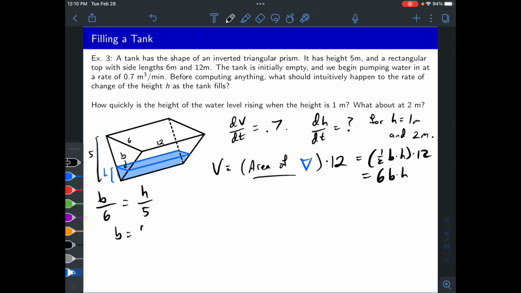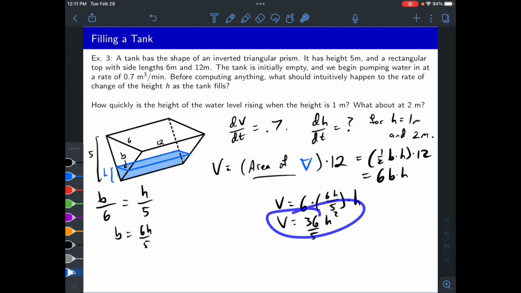And so the base is equal to 6 times the height over 5. So then our equation would be V equals 6 times the base, which is 6h over 5, times that height, or just V equals 36h squared over 5.